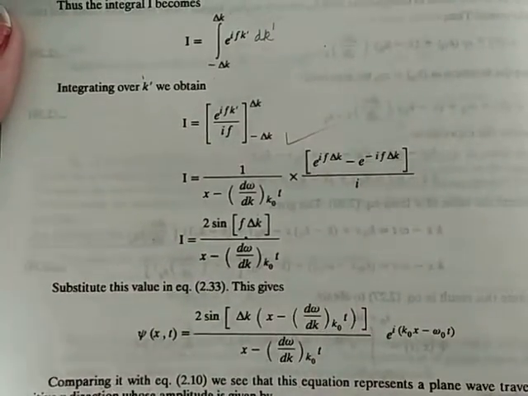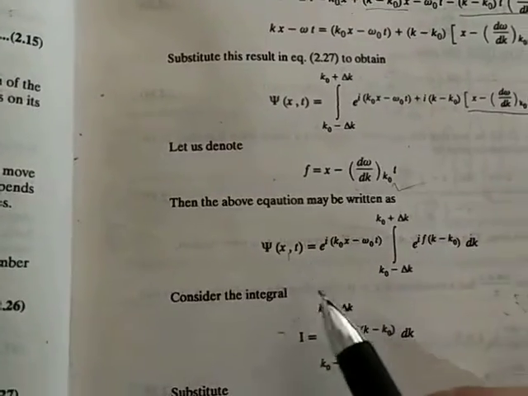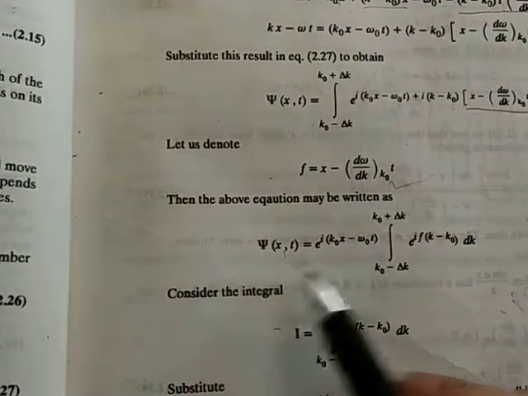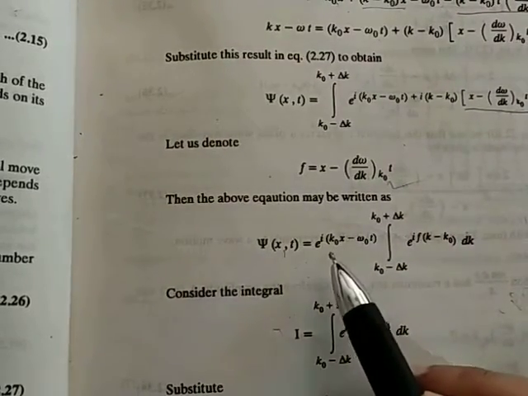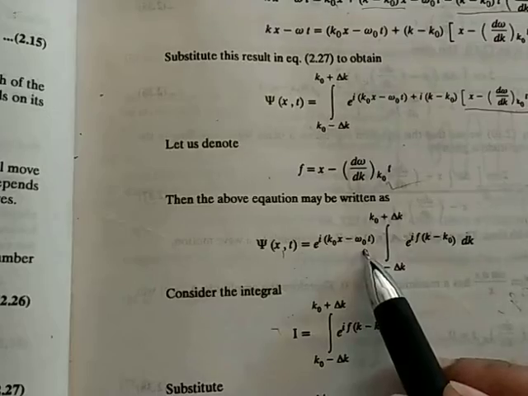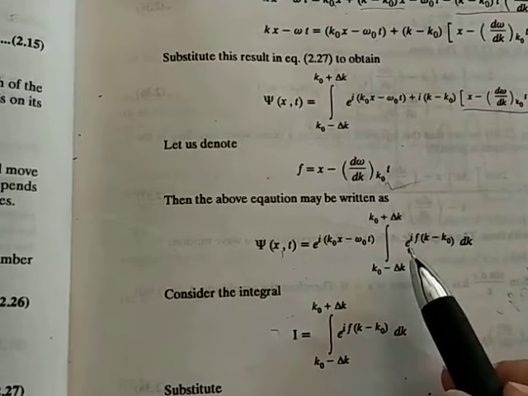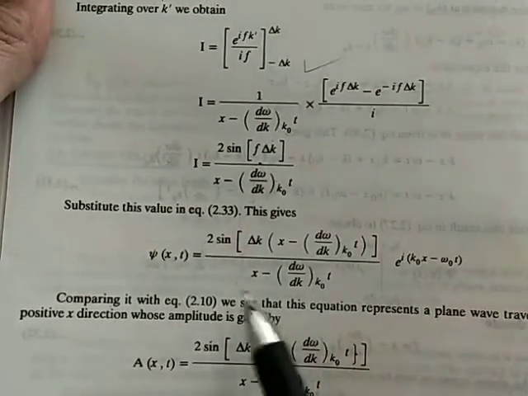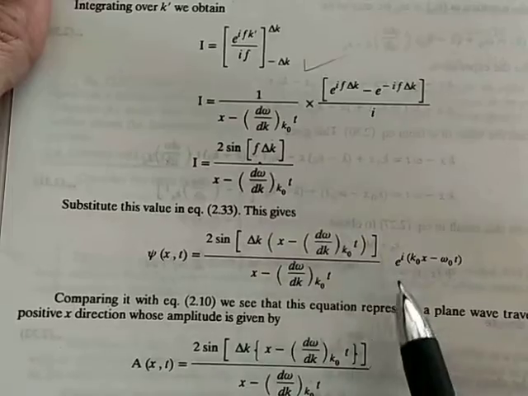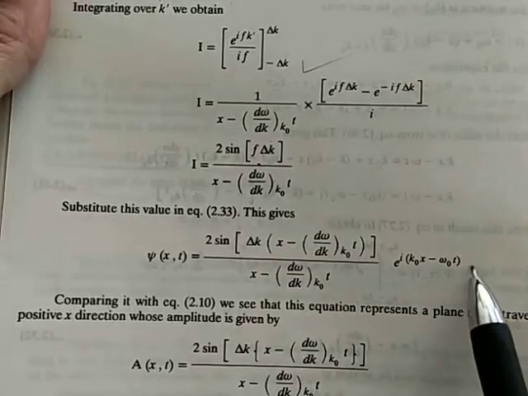We also had one factor before the integration. So this was the overall psi function, and this integration we were calculating. So we will have this factor multiplied by the integration we have carried out just now. This will give us this whole function multiplied by e raised to power iota k naught x minus omega naught t.